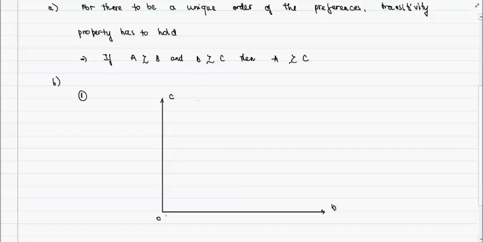All the bundles on the indifference curve are equally preferred. All the bundles below the indifference curve are worse, and all the bundles above the indifference curve are better than the bundles on the curve. For example, I have a well-behaved preference where the indifference curve is just a convex curve like this. So this is my indifference curve.